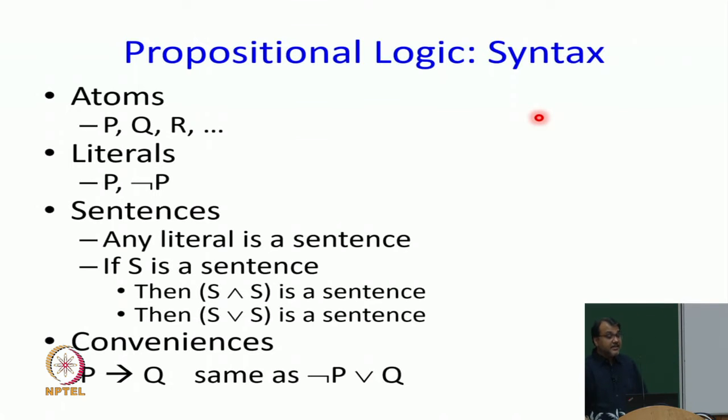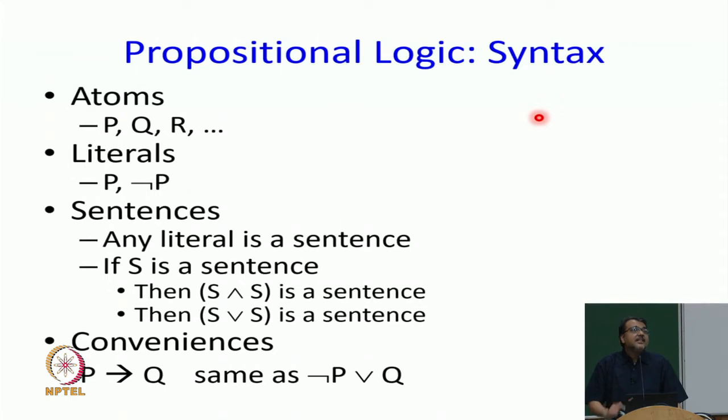P is a sentence, and if S1, S2 are sentences, then S1 and S2 is a sentence, and S1 or S2 is a sentence, and I can do this recursively. So I can create P and Q, not P or not Q and R, and so on and so forth. These are all syntactically, grammatically accurate sentences that I can create in propositional logic.